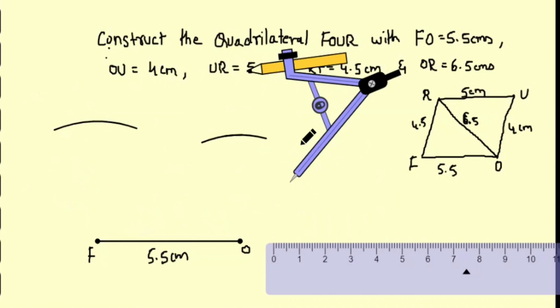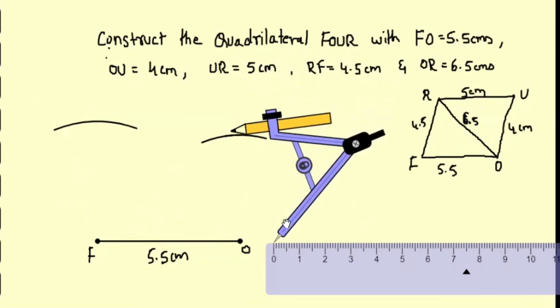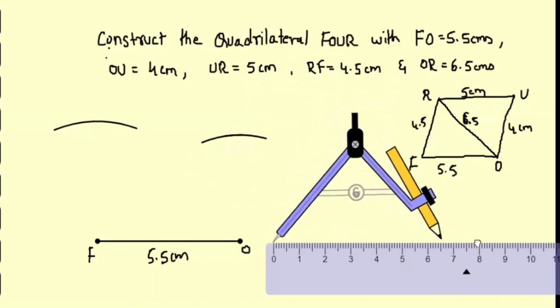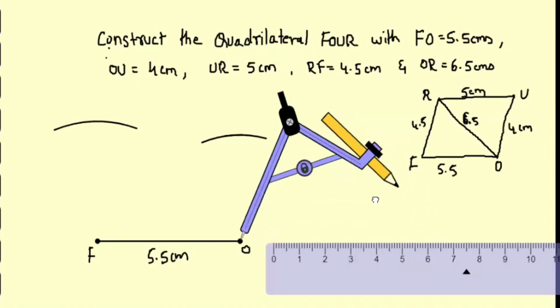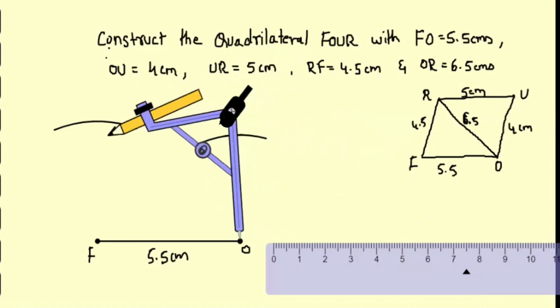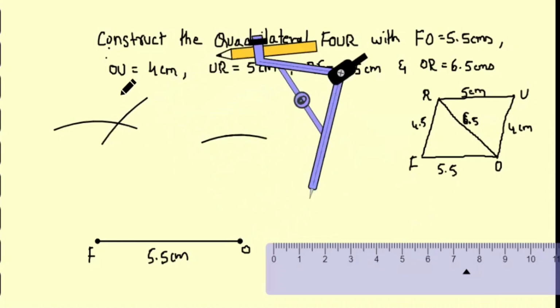For that purpose, we're going to draw one more arc, that is our diagonal OR, which they have given as 6.5. Let us measure 6.5. We place the compass at the point O and cut an arc at the point R. So here is our R. We got it.